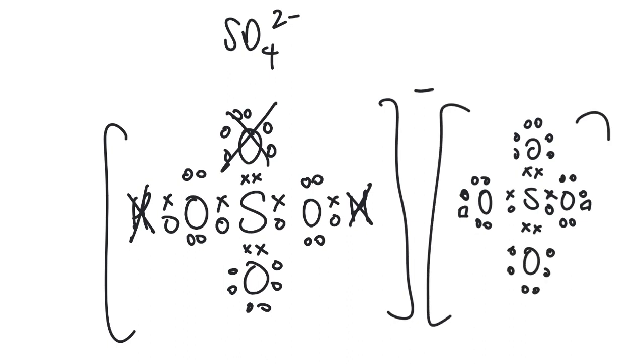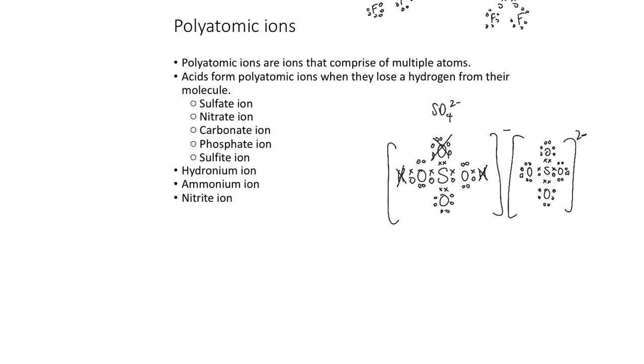Then you would draw that with square brackets because it's an ion, and with a 2 minus there. That's the same with all of the acids. You just take off the hydrogens, draw it without them, then add the square brackets and add the charges in. Let's go through these other ones.